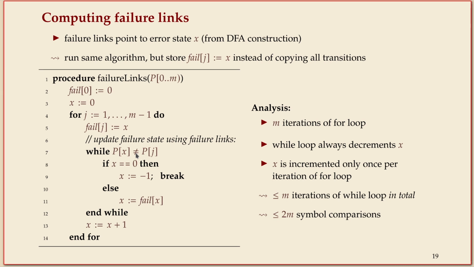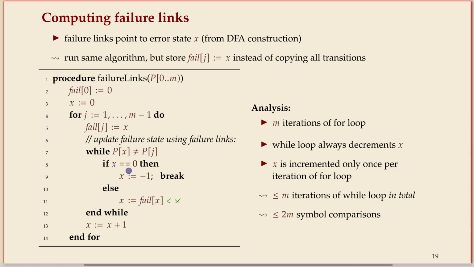But it turns out it's not actually like that, with a very similar argument as before. The outer loop is at most m times. But then the inner loop always makes X at least 1 smaller. Remember, fail of X is strictly less than X. So X becomes 1 smaller here, but it's only incremented once here.